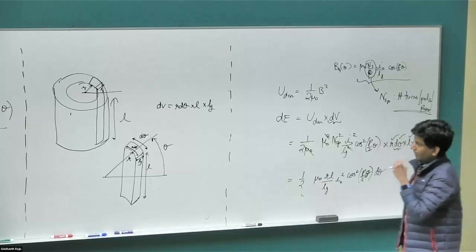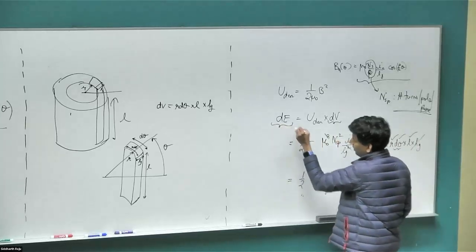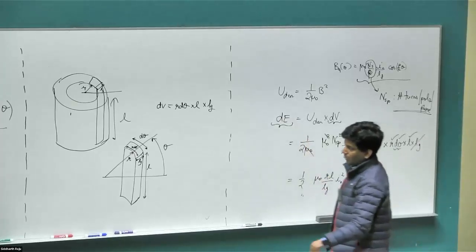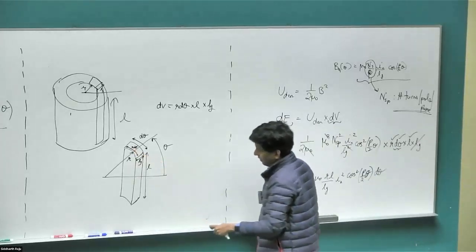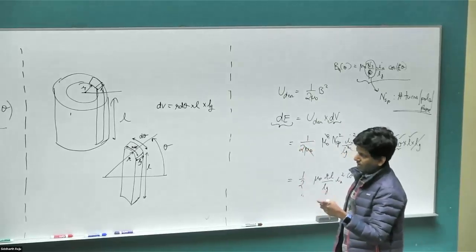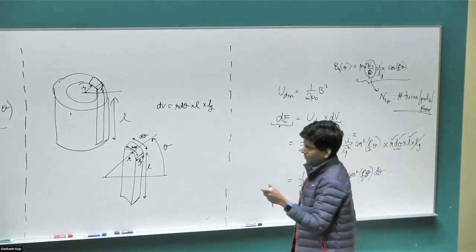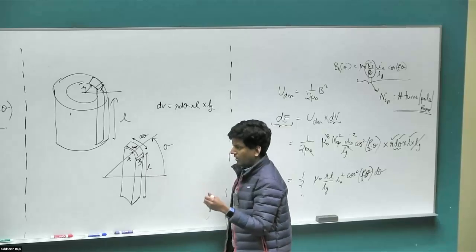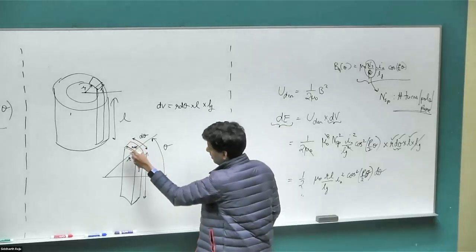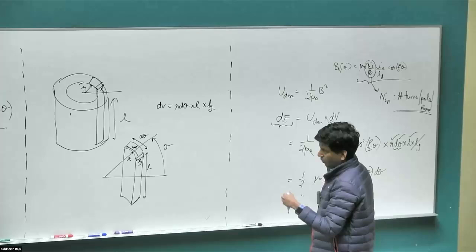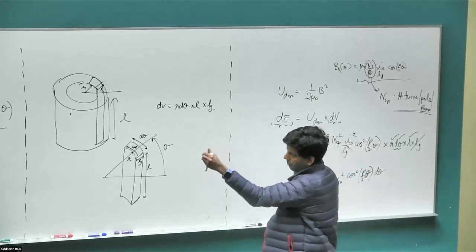So this is the energy in the tiny incremental volume that I have chosen due to current going in the A phase coil, which establishes its own magnetic field, and the magnetic field has some energy, and we computed the energy in this tiny volume. Now we want to figure out what the total energy is across the full pole phase.